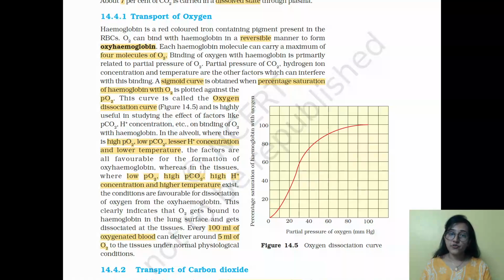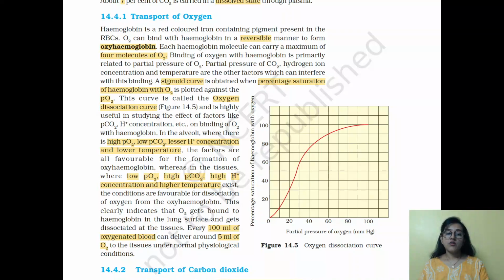Whereas in the tissues, where there is low partial pressure of oxygen, high partial pressure of carbon dioxide, high hydrogen ion concentration and higher temperature, the conditions are favorable for dissociation of oxygen from the oxyhemoglobin. This clearly indicates that oxygen gets bound to hemoglobin in the lung surface and gets dissociated at the tissues.